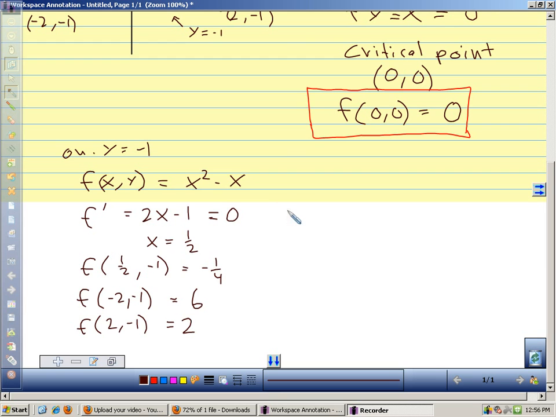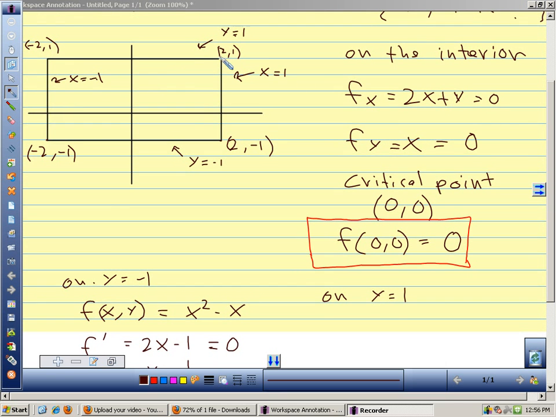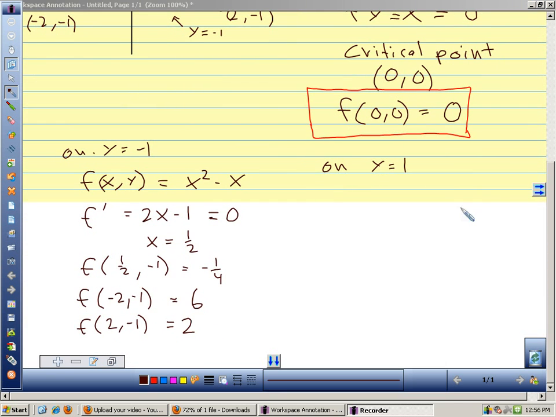Let's look at our next boundary. We're going to look on y equals 1. So we're looking on the upper boundary here, y equals 1. We're looking up here. Our function f of x y equals x squared plus x.